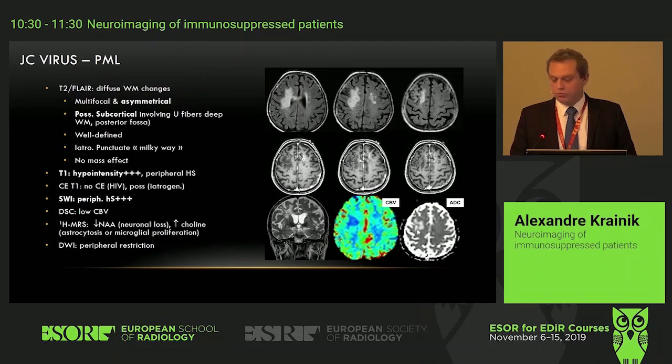On diffusion, you don't see so much. Sometimes you can see a peripheral rim of demyelination, and on perfusion, except for a decrease of the CBV, the blood volume, there's no typical feature.